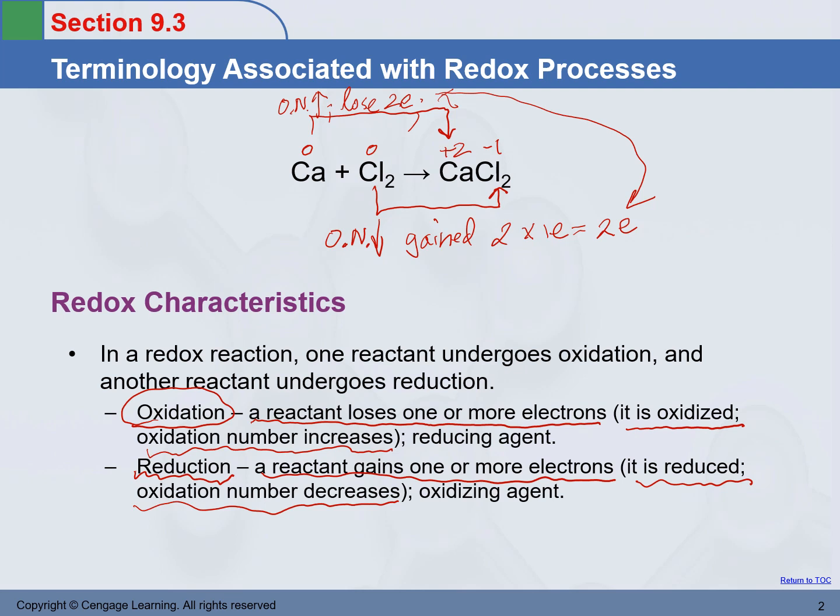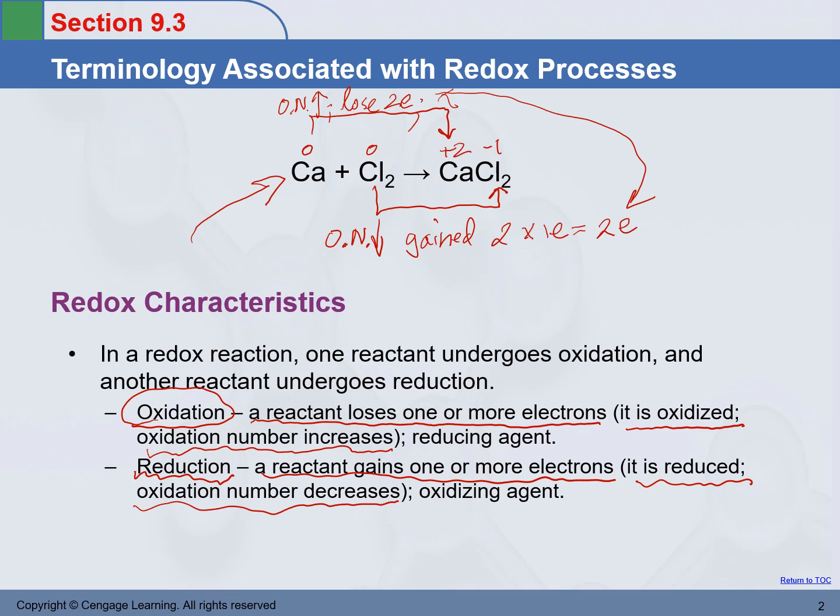Then let me ask you guys another question. We just clarified that calcium is said to be oxidized. Now my question is, who is oxidizing calcium? If I tell you guys I am hit, then there must be someone who is hitting me.